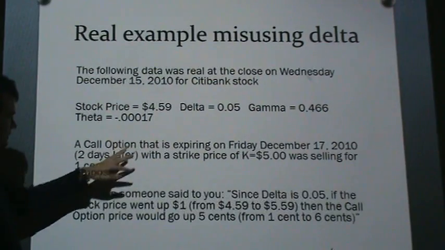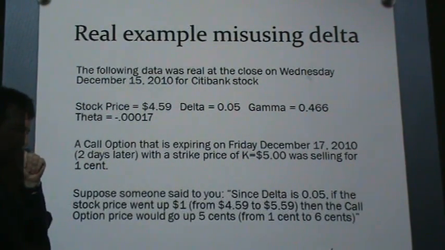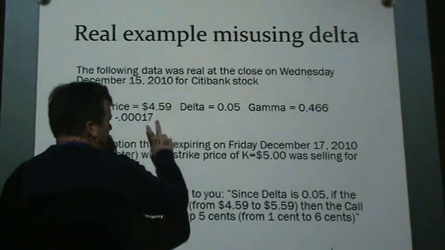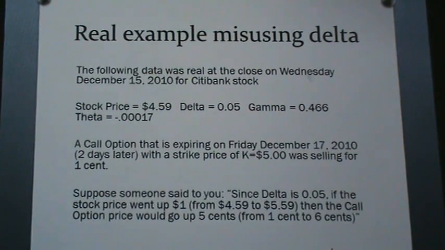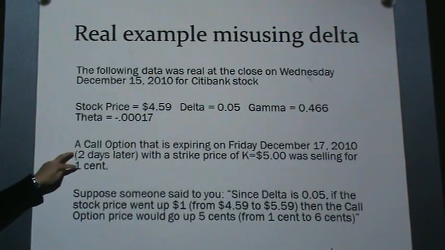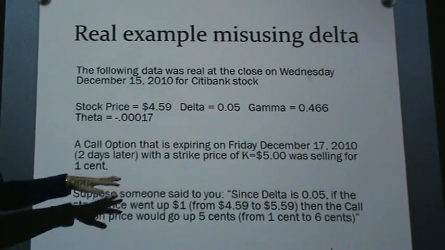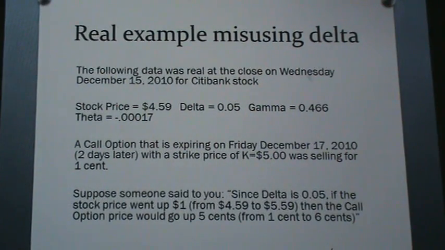And the option was currently selling for 1 cent. So for 1 penny, you can buy a stock option, and you have 2 days to go above $5, and it's currently selling for $4.59. Not very likely to go above $5 in the next 2 days, but if it shot way up, you could become rich by paying only 1 penny. So it might be something someone might want to buy.